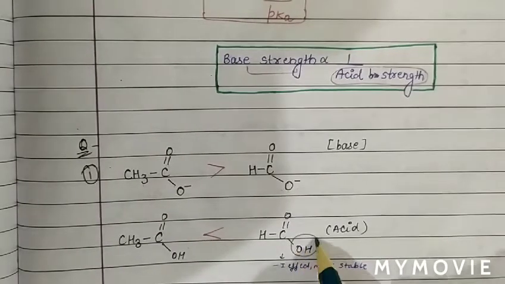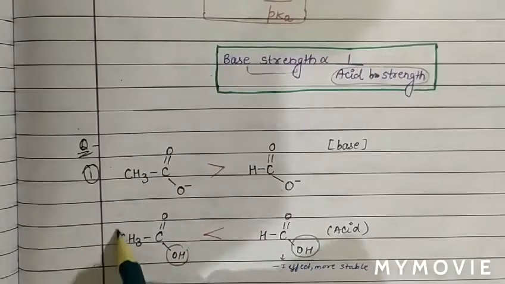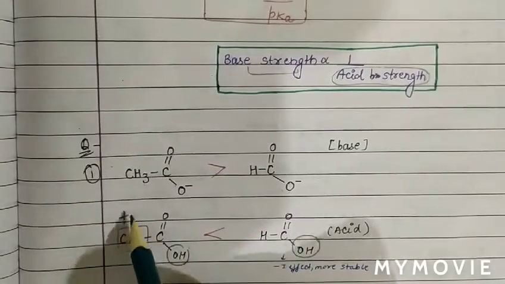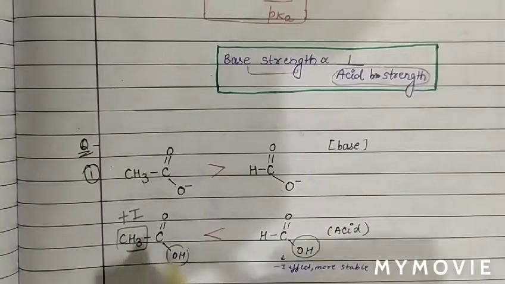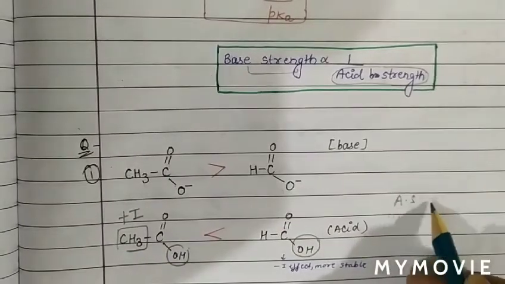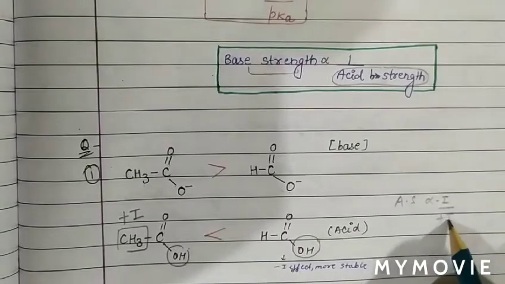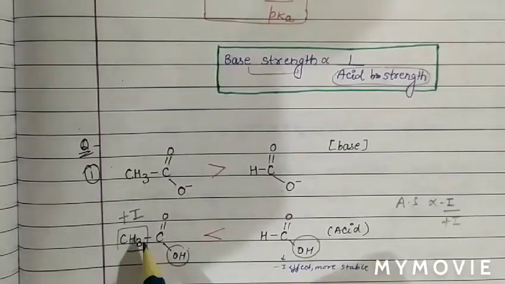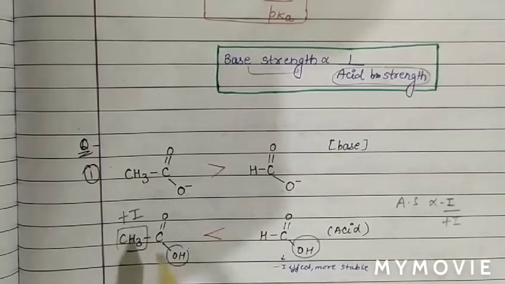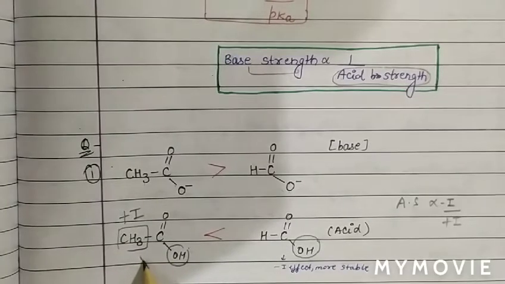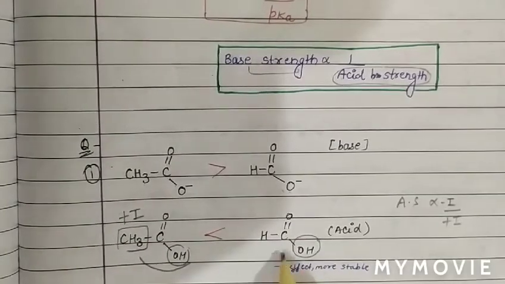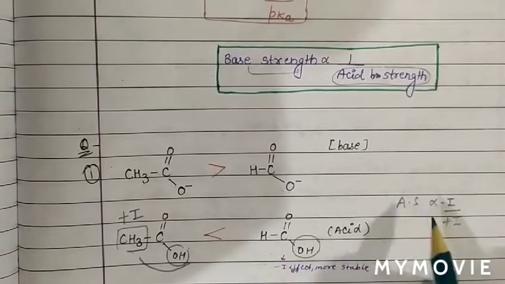And we know the acidic strength order. To know the acidic strength of OH group, we can see that here CH3 is a +I group, and we know acidic strength is directly proportional to -I and inversely proportional to +I. So +I decreases the acidic strength, hence the acidic strength of acetic acid is less as compared to formic acid, because in acetic acid the +I group decreases the acidic strength.